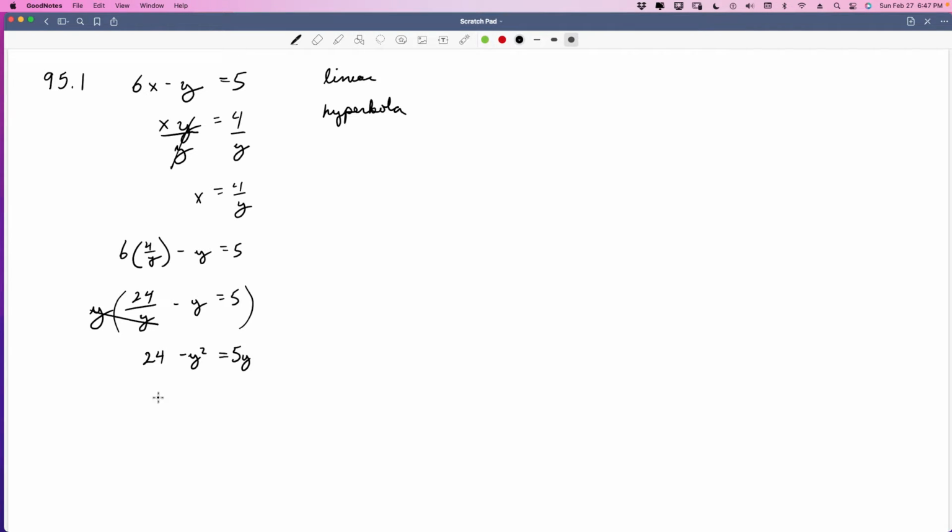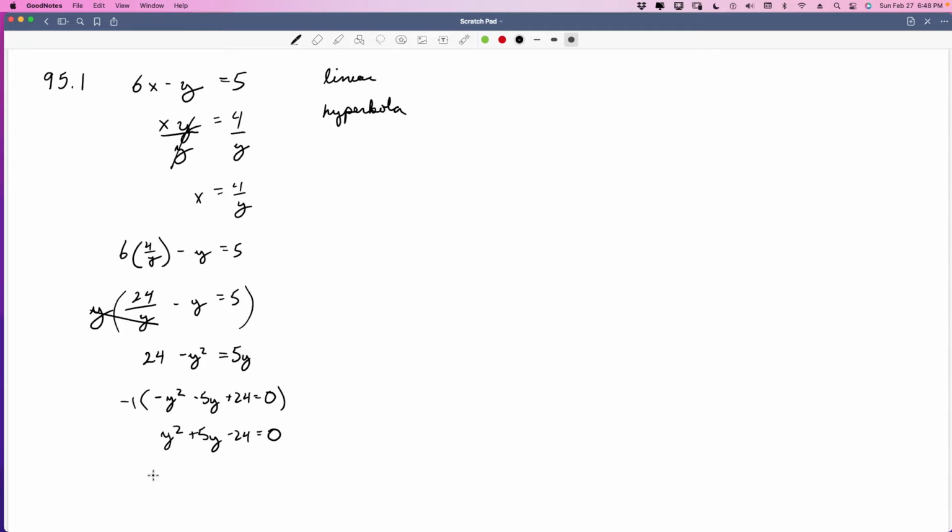So now I can solve and say negative y squared plus, actually that would be minus, sorry. I'm subtracting 5y from both sides, plus 24 equals 0. But I don't like having that negative there, so I'm going to multiply everything by a negative 1, and I'm going to get y squared plus 5y minus 24 is equal to 0.